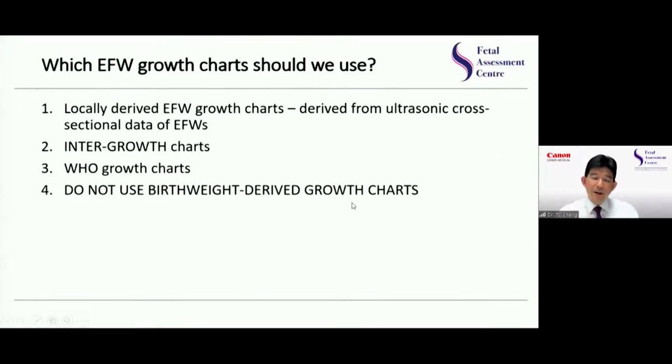The one thing we are sure about is that you should never use birth weight derived growth charts upon which to chart your fetal growth, and that is because birth weight derived growth charts are all skewed downwards by the fact that premature babies that are born prematurely tend to be growth restricted. So that is something that you need to avoid.